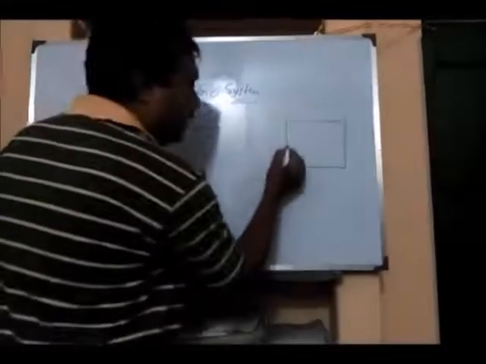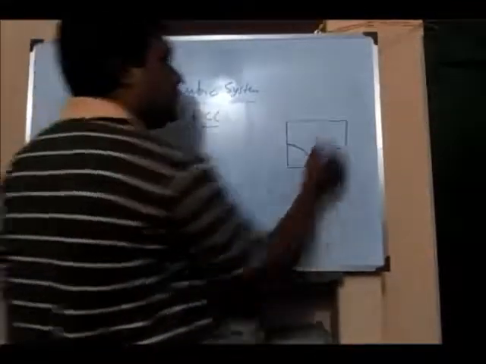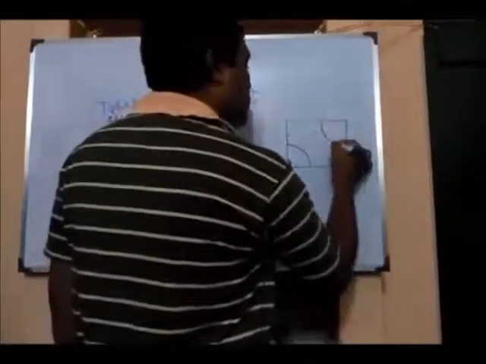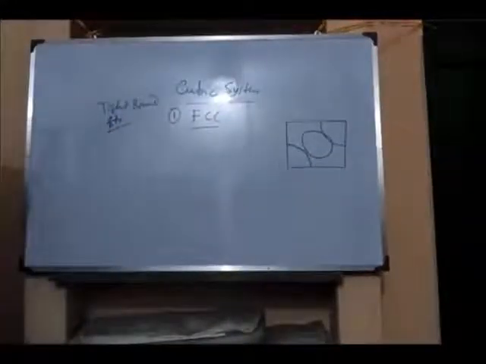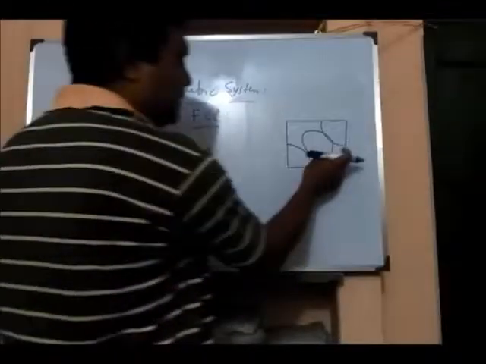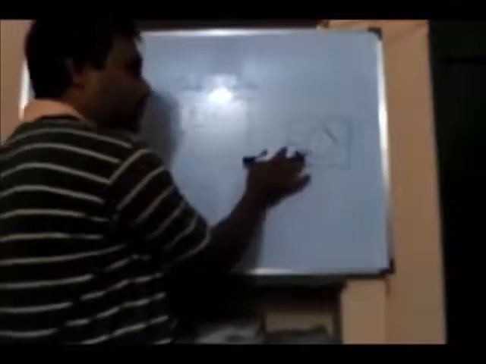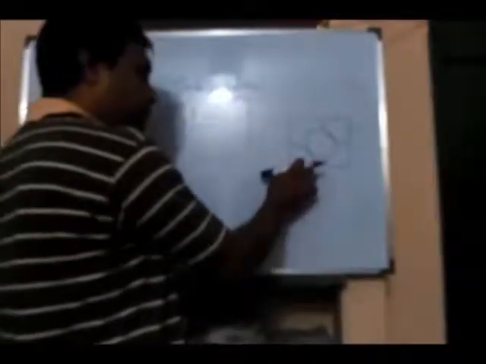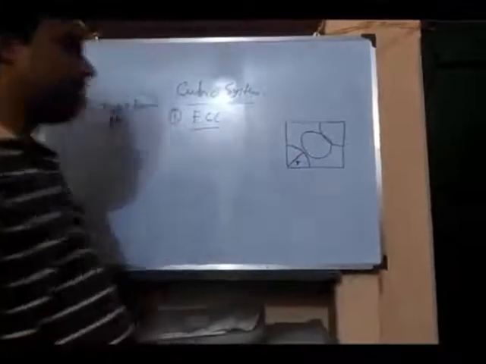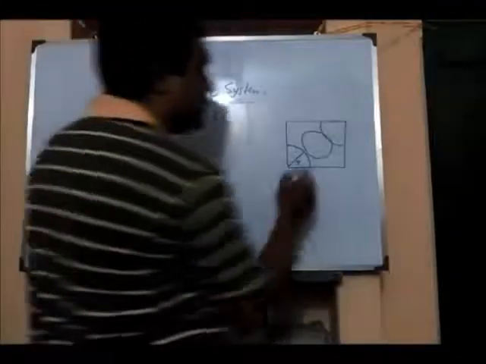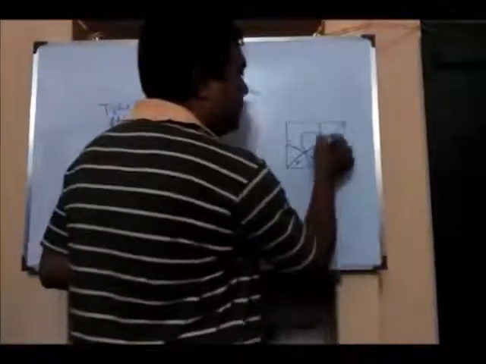Now I will choose this corner and a circle. There are atoms obviously present at this corner and this corner, but this is a portion of the total atom that will contribute. Now the radius, if you choose the radius as r, the radius of this atom is r, and of this atom is twice r.